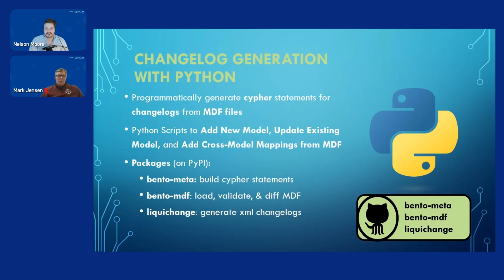So we developed this Liquichange package, which supports features that I mentioned on the last slide, such as change sets, preconditions, rollback, while also encouraging some best practices, such as one change per change set and maintaining a consistent ID format for those change sets.